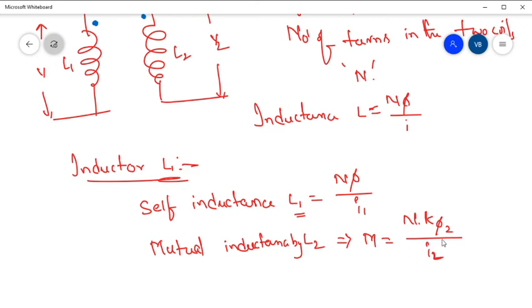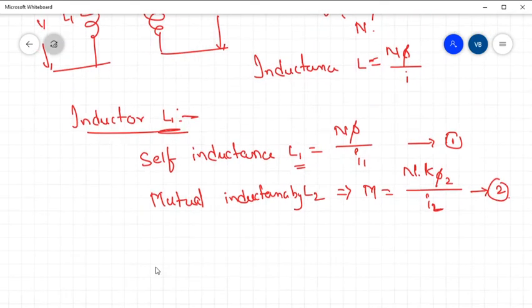Say this is equation 1, and this is equation 2. Now in the inductor L2.